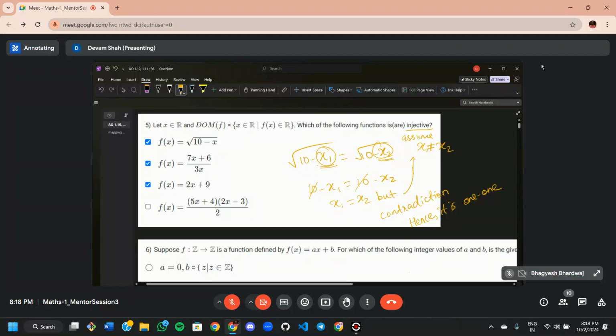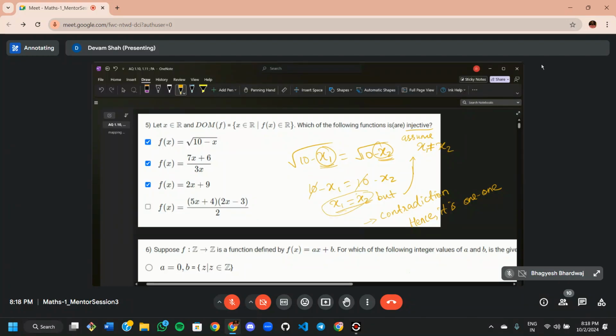Output is root of 10 minus the input, right? So here I did the same thing. I equated the outputs and assumed that the inputs are different. But while simplifying it, I got that the inputs are the same, which is a contradiction. That is, it's the opposite of what I assumed.